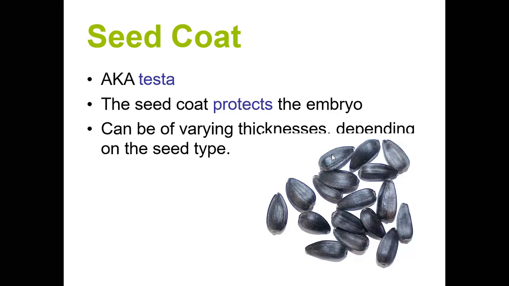For example, walnut has a very thick seed coat. And other bean types, like soybean, have a very thin layer of seed coat. So according to the seed type, seed coats differ in thickness.